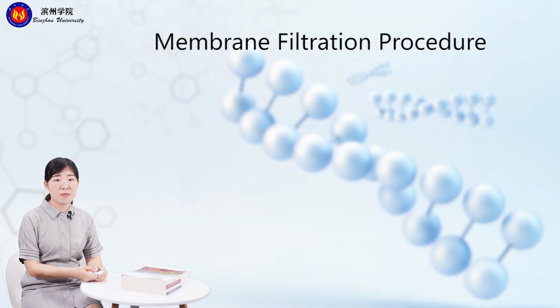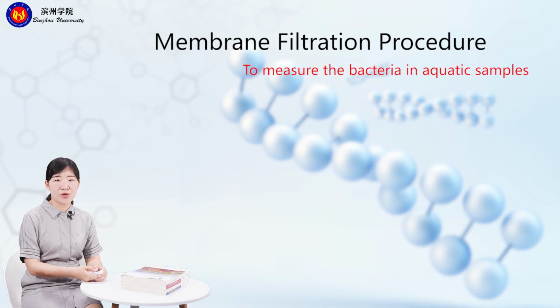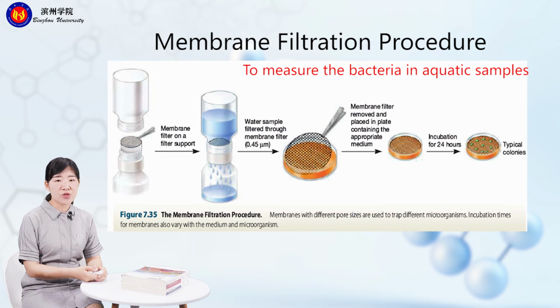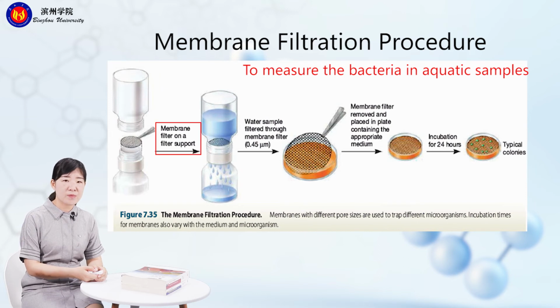Then let's look at the membrane filtration procedure. It is used to measure the bacteria in aquatic samples. Look at the picture. It shows the membrane filtration procedure. Firstly, put a membrane filter on a filter support.